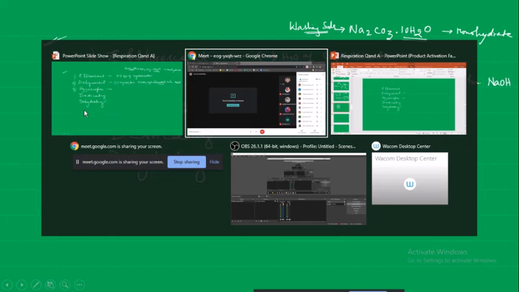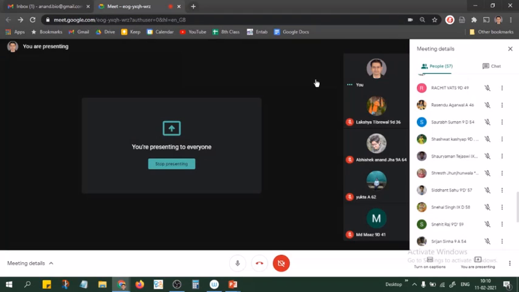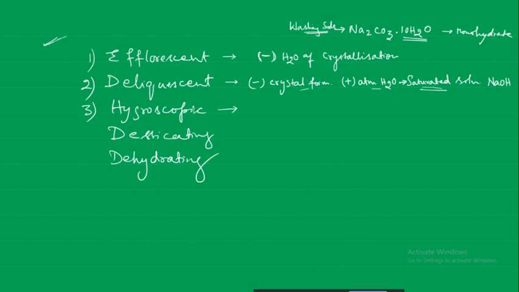Hygroscopic means it will absorb atmospheric moisture, but it is not sufficient to become a saturated solution.